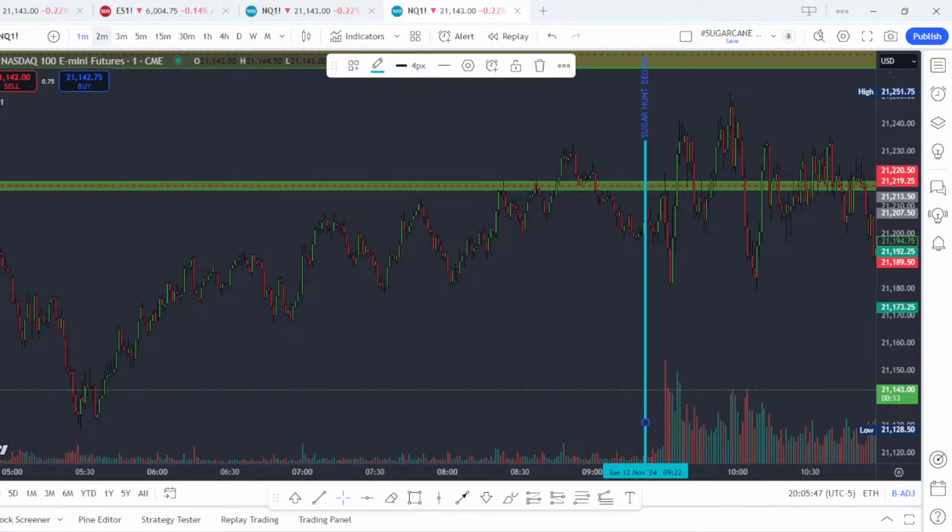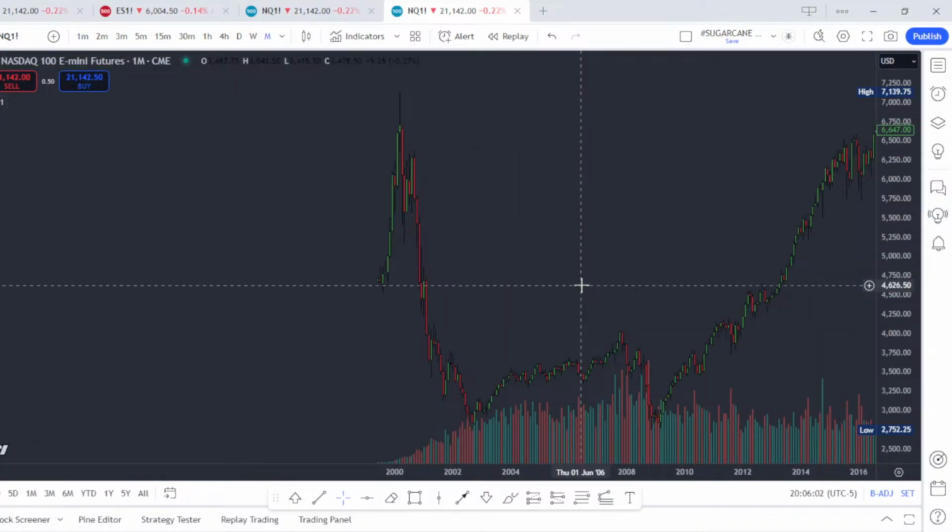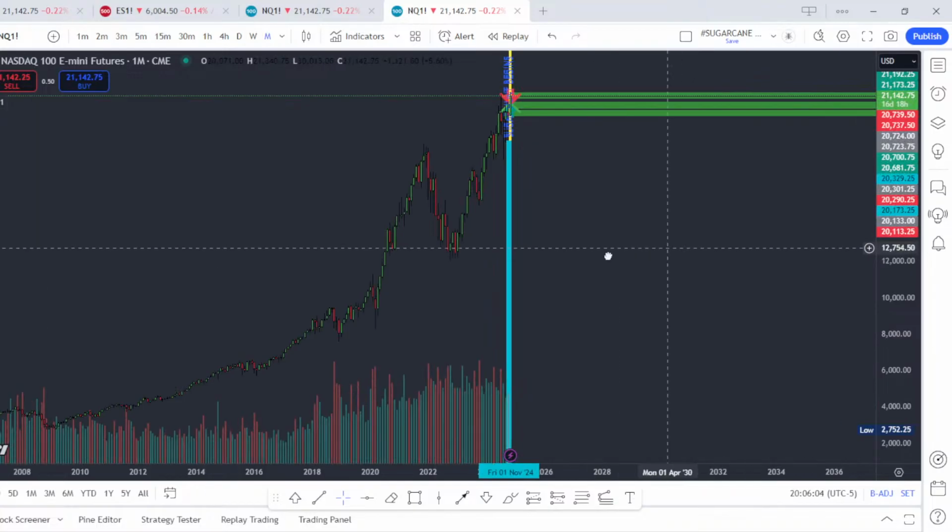Simple as that. I'm on a 1-minute chart showing you guys all these things, how to enter. The main idea comes from higher. You can start from a month, it all depends how you want to start.